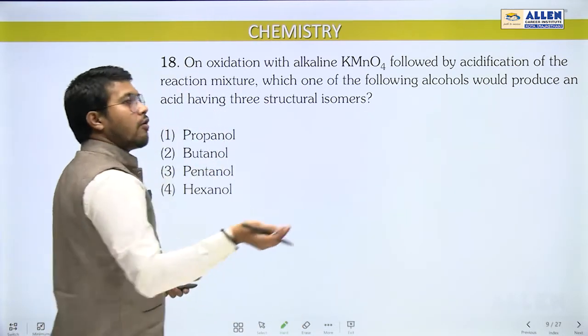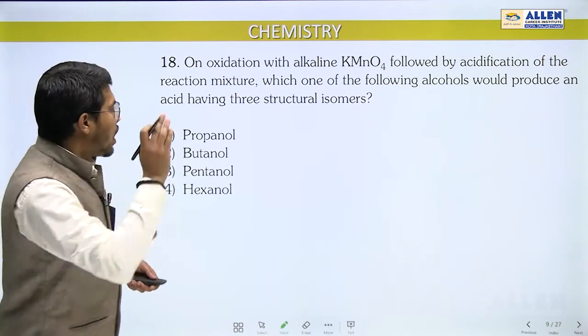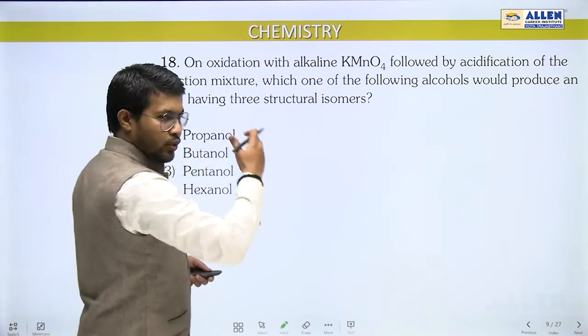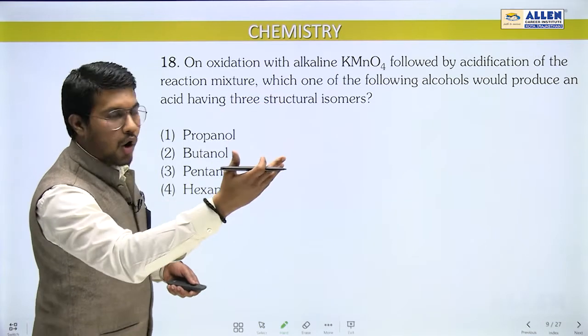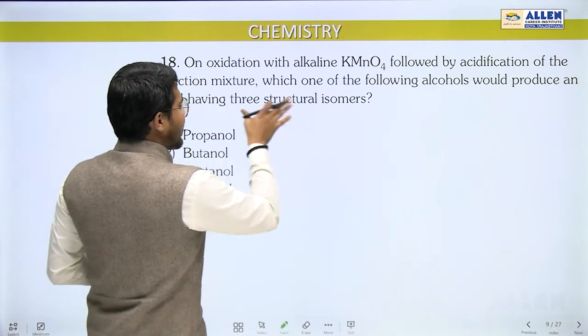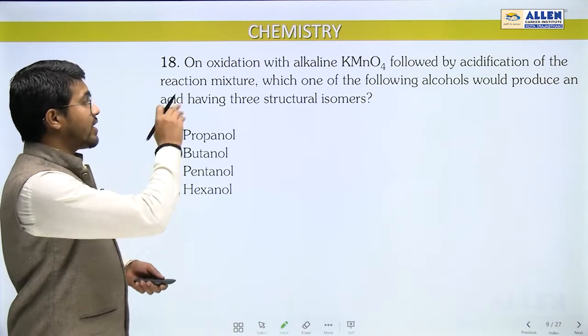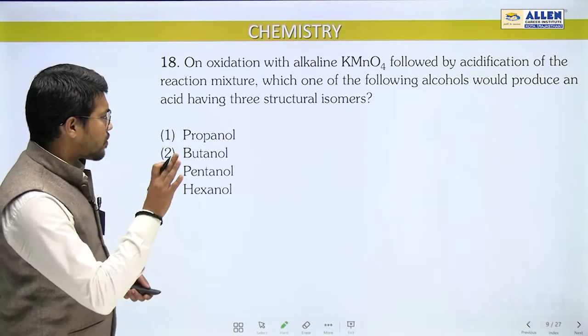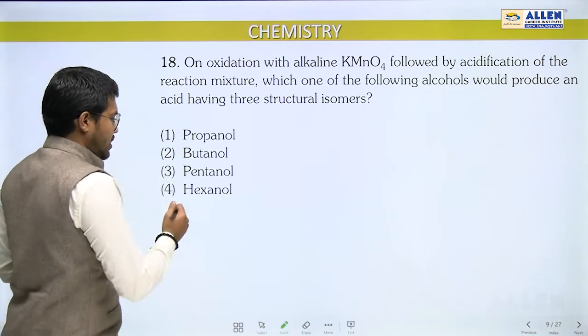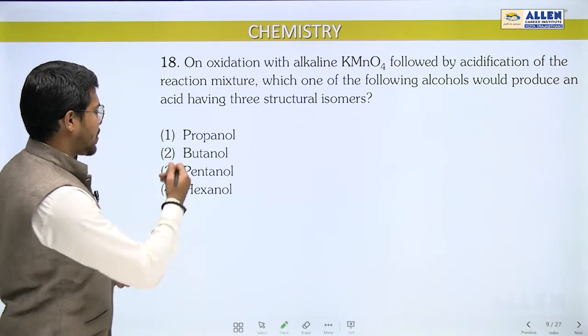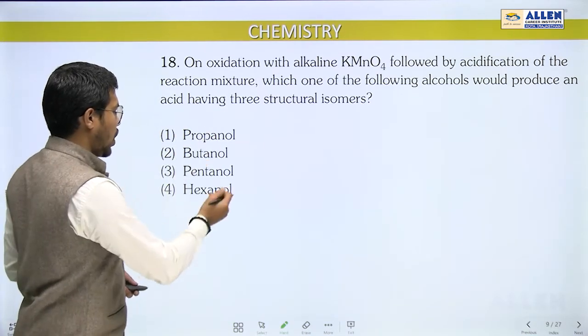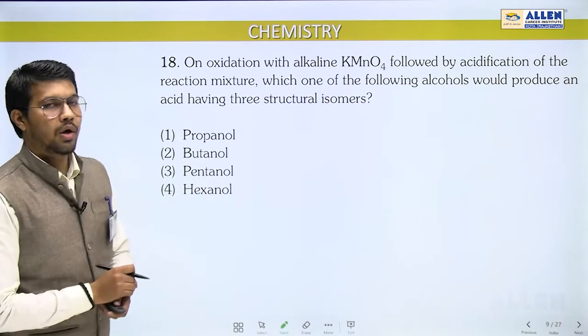An acid produced due to the oxidation of some particular alcohol has 3 structural isomers. Okay, so we have to identify that particular alcohol. The options in front of us are propanol, butanol, pentanol and hexanol.